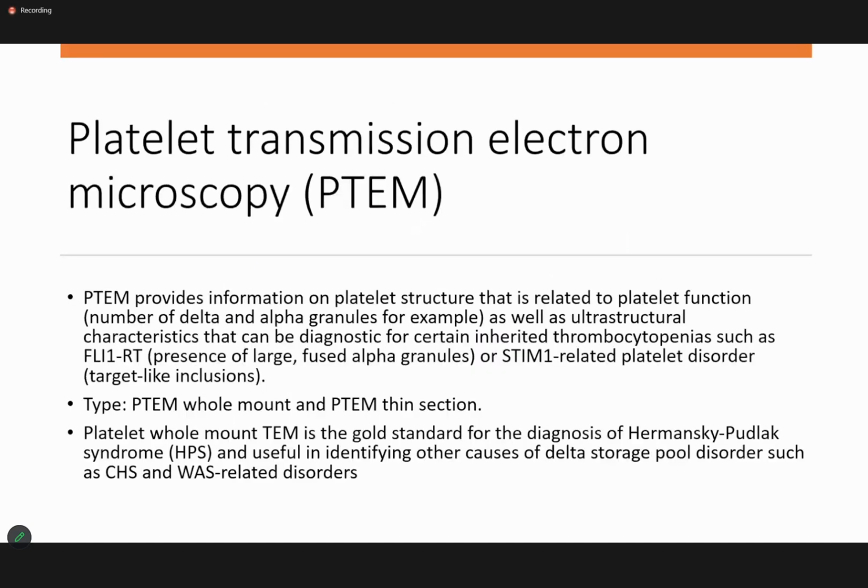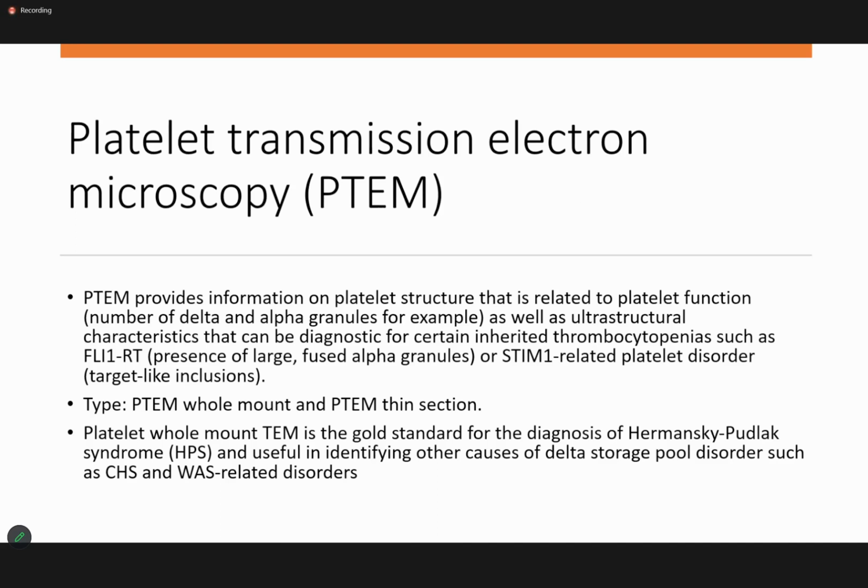So what about platelet transmission electron microscopy? Platelet transmission electron microscopy provides information on platelet structure. There are two types: whole mount platelet transmission electron microscopy and thin section platelet transmission electron microscopy.